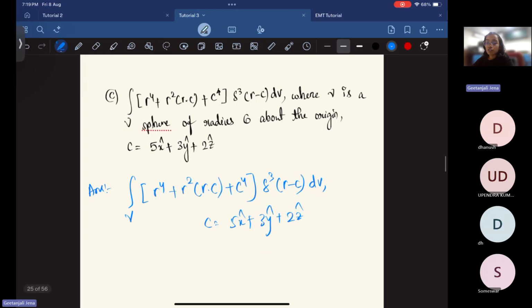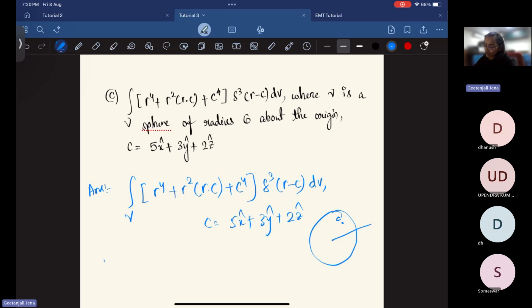So for this one, you have to check whether c is inside the sphere of radius 6, which is centered at the origin. So what you need to check is whether the magnitude of c is less than or equal to the radius.